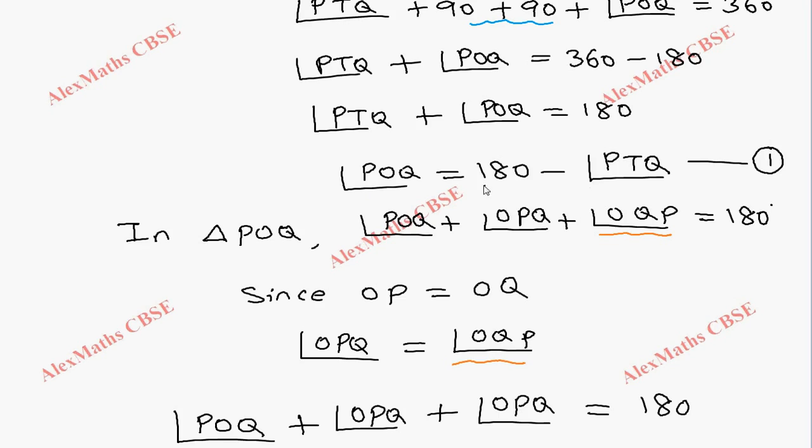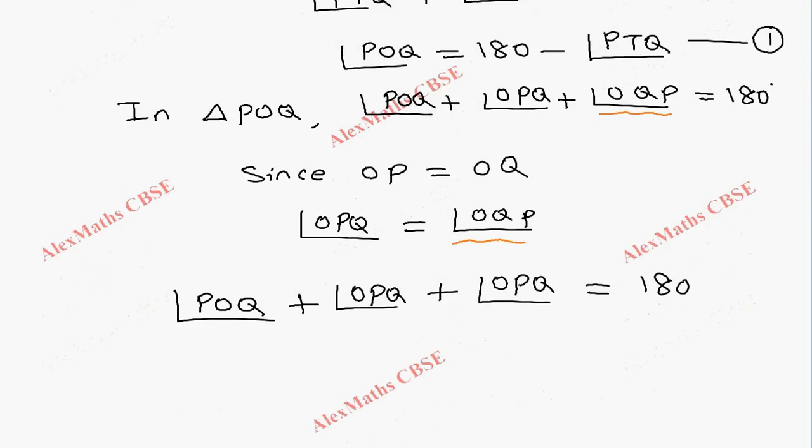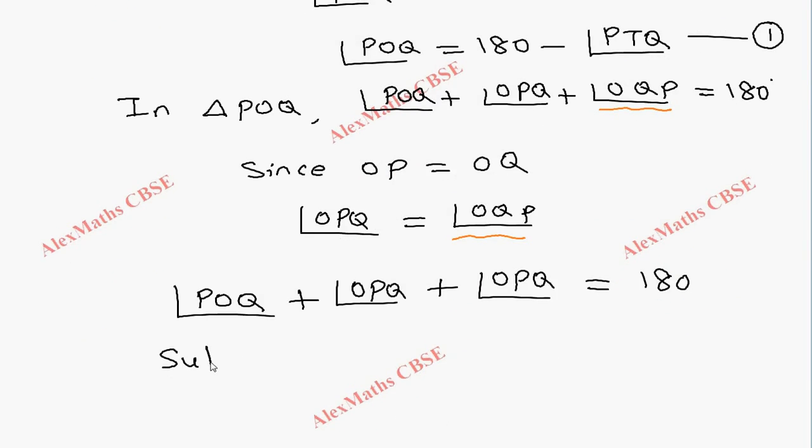From the first result, in place of angle POQ, we are going to substitute 180 minus PTQ. So substituting from 1, in place of angle POQ, we are going to substitute this expression.